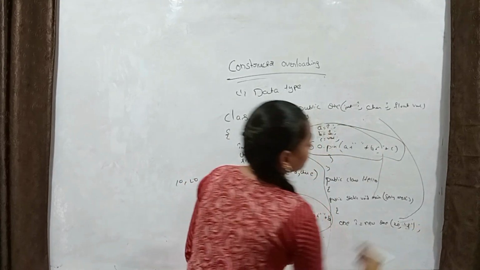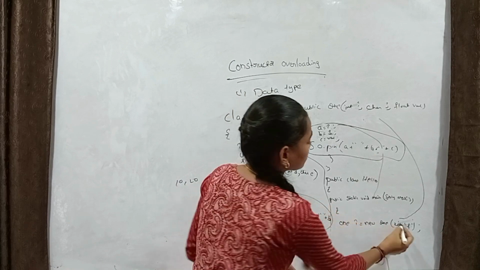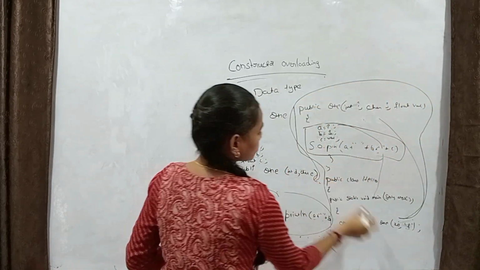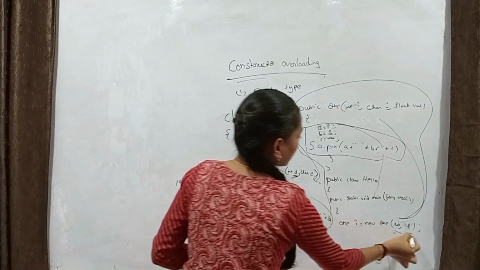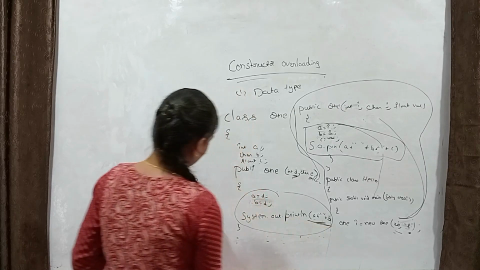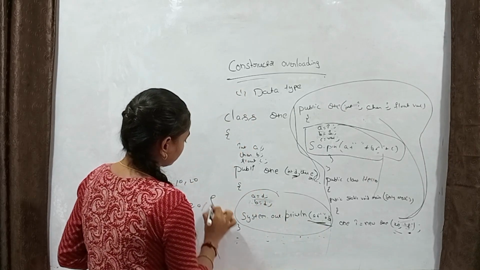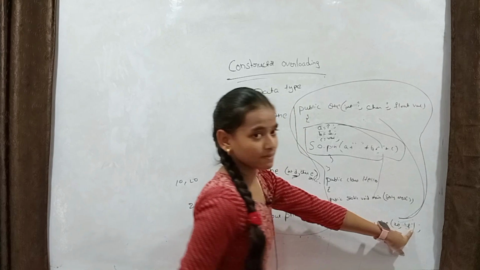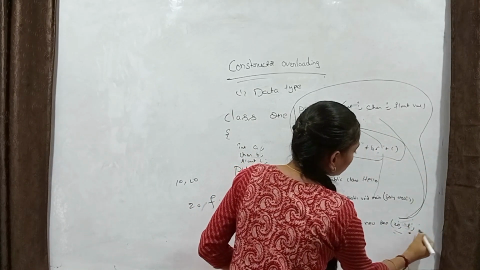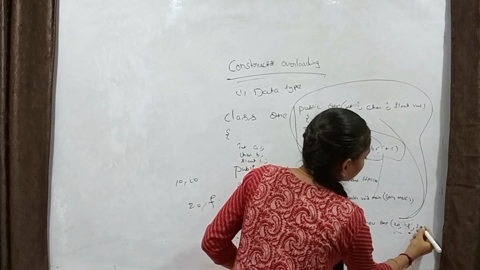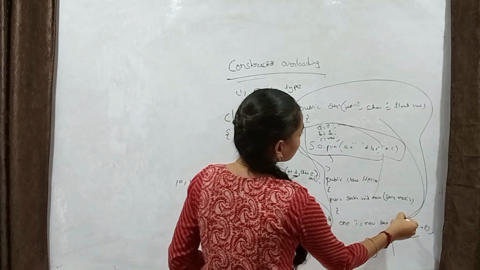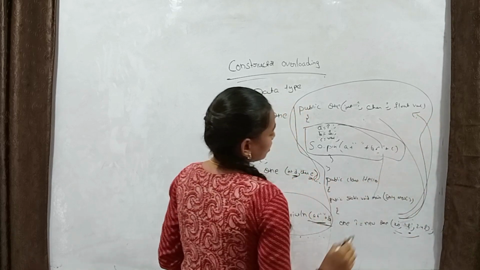the JVM will run the first constructor. So here 20 will be assigned to d and f will be assigned to e, and it prints 20 and f. If I pass three values, one is int and one is char and another one is float, like 2.4f, then the JVM will run the second constructor.